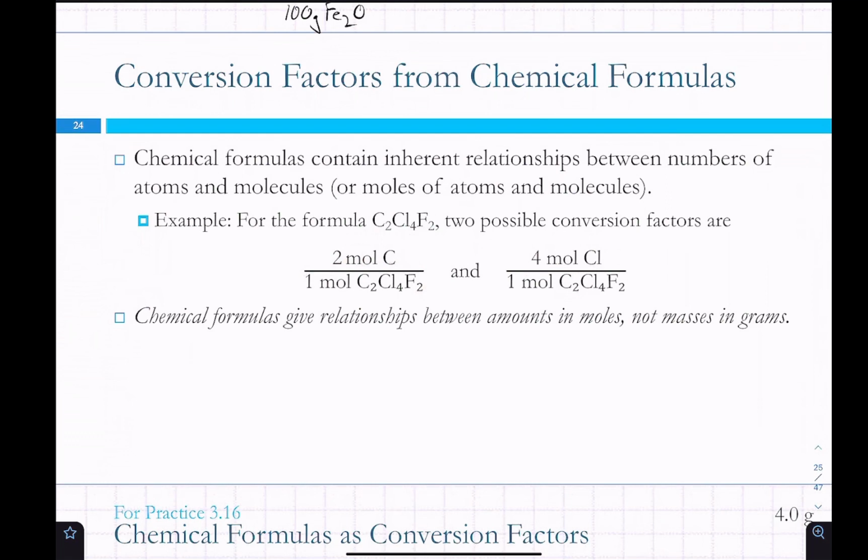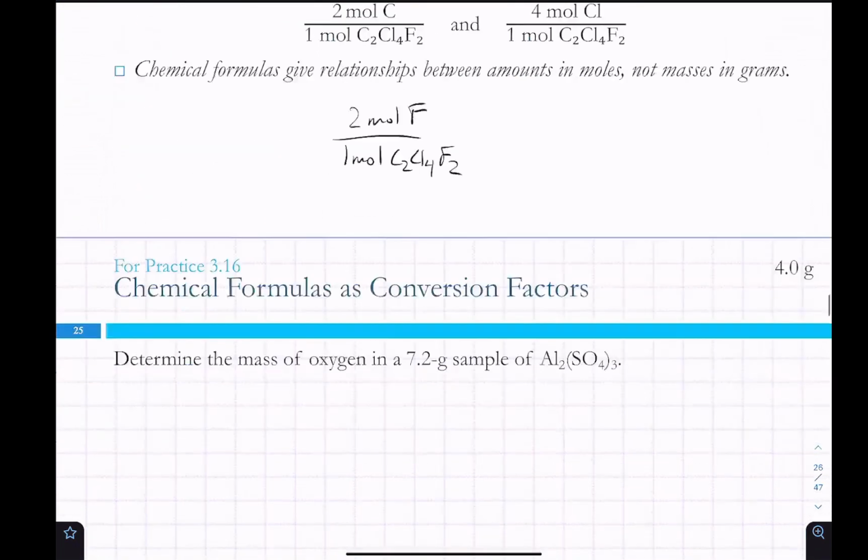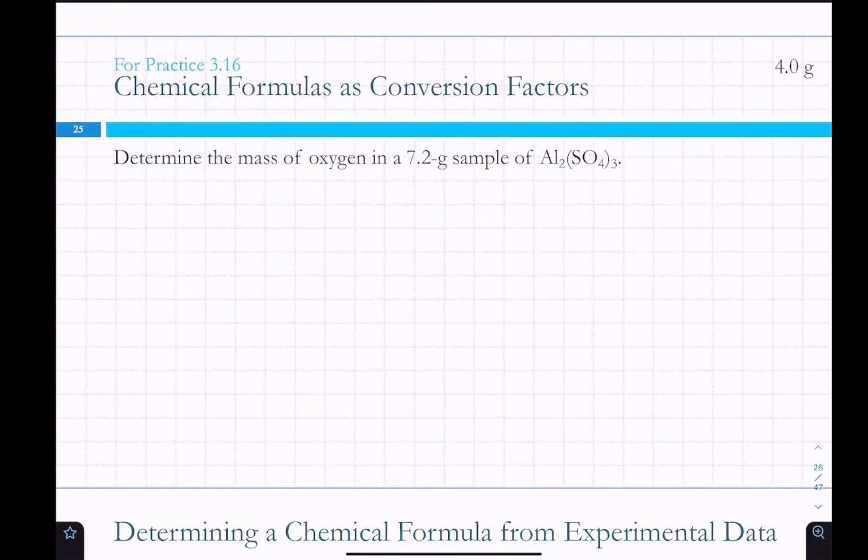What would the third one be? There's one more conversion factor we could write: 2 moles of fluorine for every 1 mole of C2Cl4F2. All right, so those are conversion factors. Chemical formulas as conversion factors.